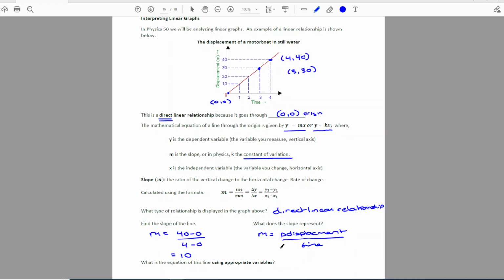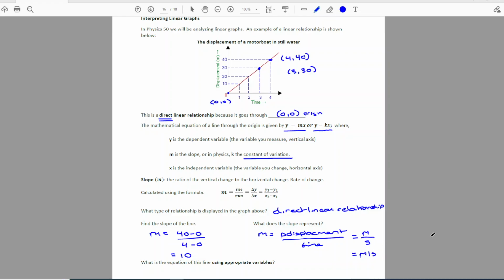So the slope is representing your change in displacement over time, or some people might go even further to say that displacement is measured in meters and time is measured in seconds. So it is your meters per second. If anybody knows what those units represent, it's your speed. So on a displacement versus time graph, the slope is representing the change in displacement over time, which is your speed of travel.